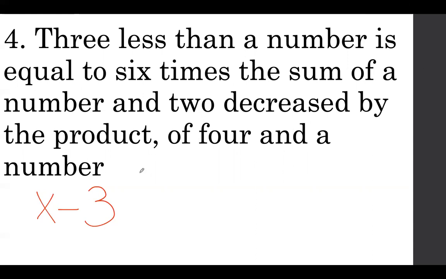Now we have is equal to, so just our basic equal sign, 6 times the sum. Now remember, anytime you see two operations together, that means we need to use parentheses.